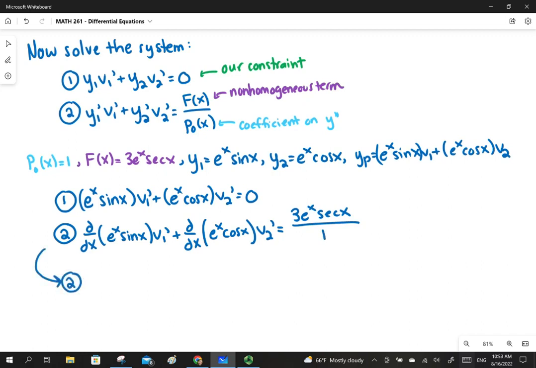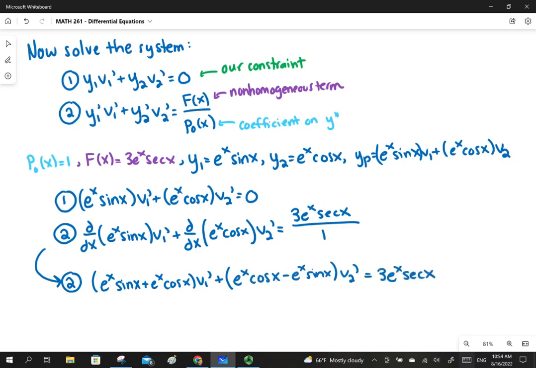Using the product rule, our second equation becomes (e to the x sine x plus e to the x cosine x) v1 prime plus (e to the x cosine x minus e to the x sine x) v2 prime equals 3 e to the x secant x.